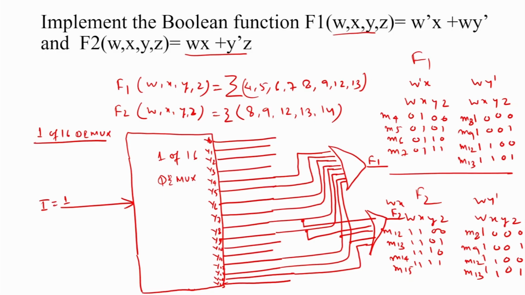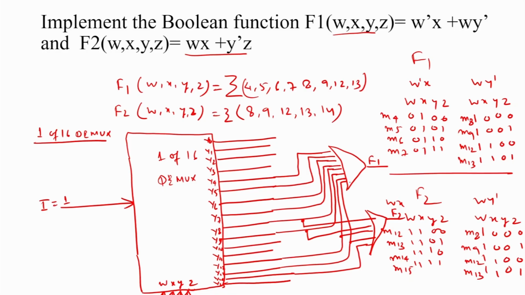In this way we use a demultiplexer, and all the Boolean variables w, x, y and z are taken as the selection lines. So these are the selection lines, and this is the input line. We always provide an input value of 1 when we represent a Boolean function through a demultiplexer, and two functions are represented through a demux.